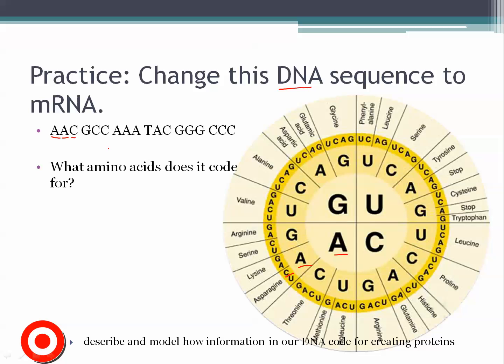Alright? I did this on purpose, of course. Our DNA code, we don't want DNA to use this wheel. We want RNA to use this wheel. So we need to turn AAC into UUG. And then GCC is going to go to CGG.